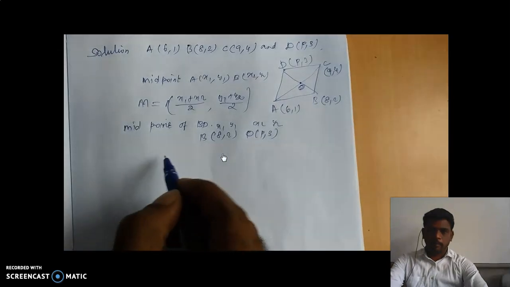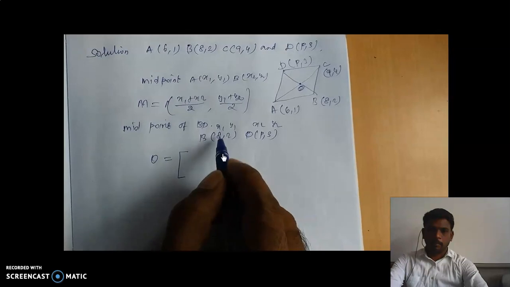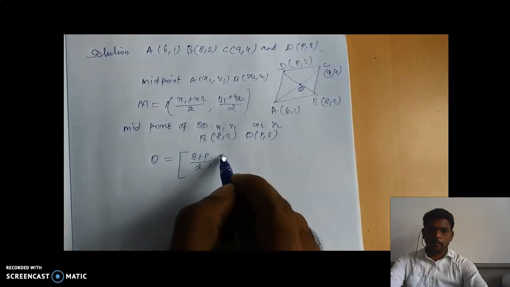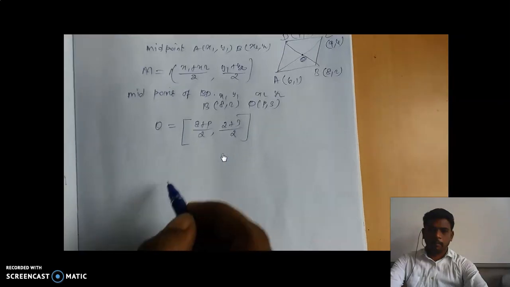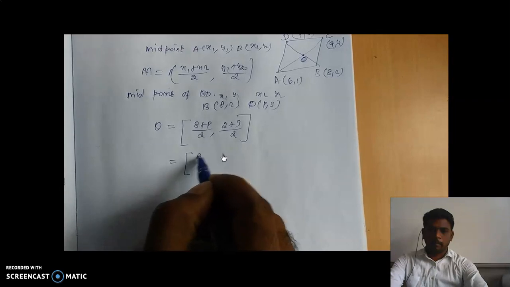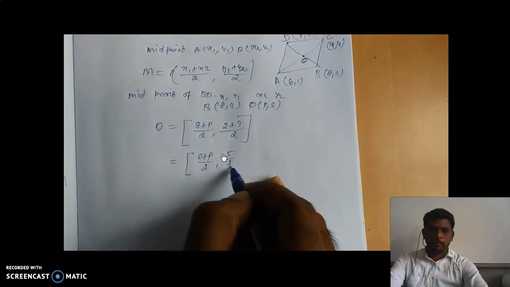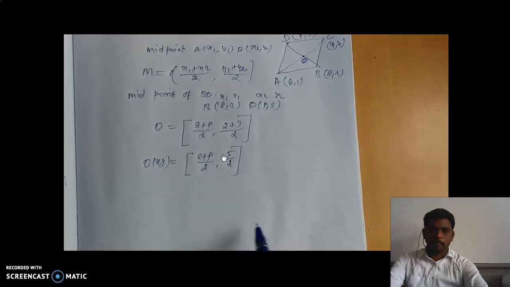So substitute in the midpoint formula. Midpoint O equal to x1 plus x2 by 2, that is 8 plus P by 2, and y1 plus y2, that is 2 plus 3 by 2. So 8 plus P by 2, that is unknown value, so write as it is, and here 3 plus 2, 5, so 5 by 2. That is the midpoint of the line segment BD.